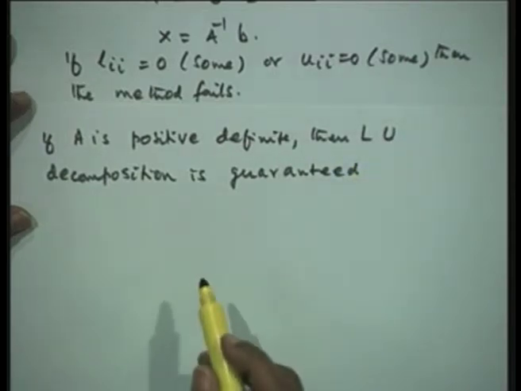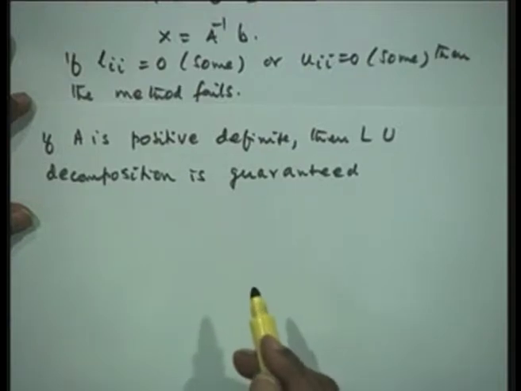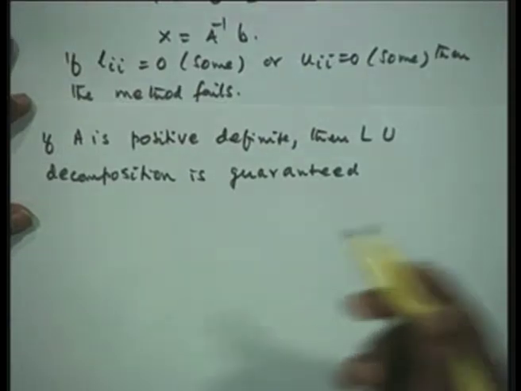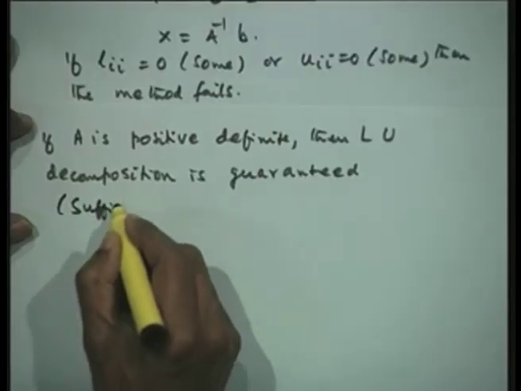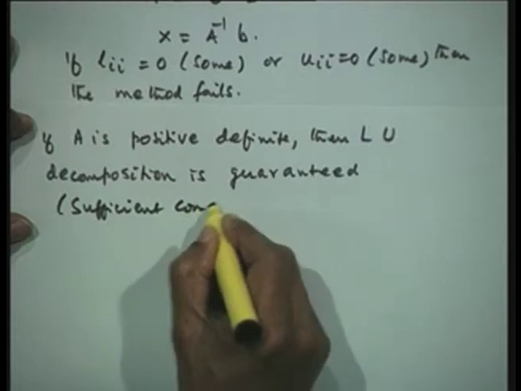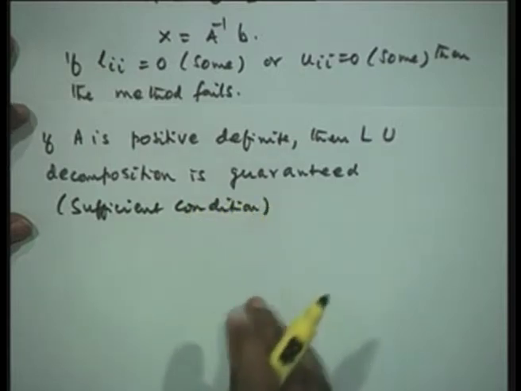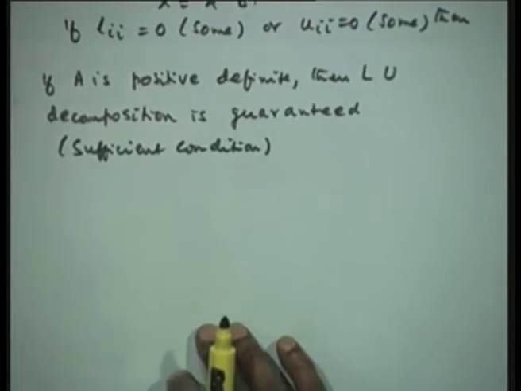This is tested by all the leading minors being positive, that is the determinant of 1 by 1 is greater than 0, determinant of 2 by 2 is greater than 0, and so on. That is a way of testing that it is a positive definite matrix, but this is only a sufficient condition, not a necessary condition. In the other cases, we would use other techniques of avoiding this pivot being 0.